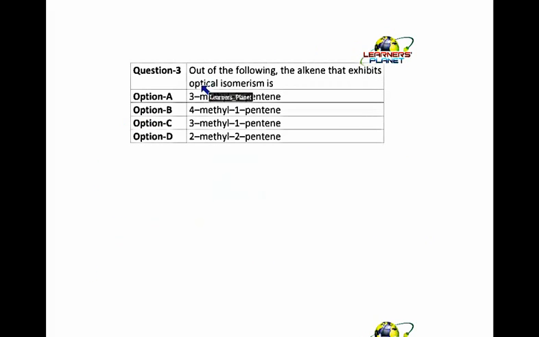Now let's take up our next question, students. Out of the following, the alkene that exhibits optical isomerism is? For that, you need to draw the structure. Now, for a molecule to show optical isomerism, what is required? The first condition is that it should have a chiral carbon.